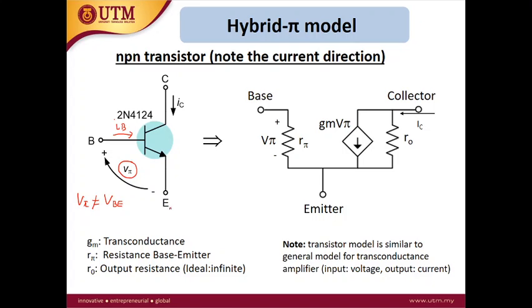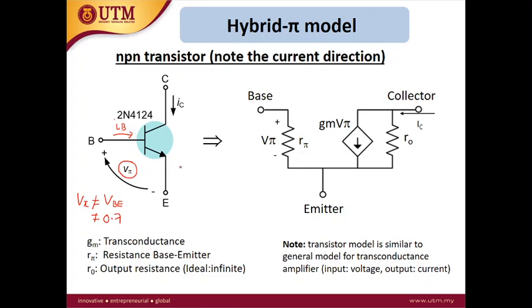In the DC analysis, VBE is a fixed voltage, but in AC analysis we consider V pi as a voltage that keeps changing according to the input signal. So V pi is a variable rather than a fixed value such as VBE, and V pi is not equal to 0.7.